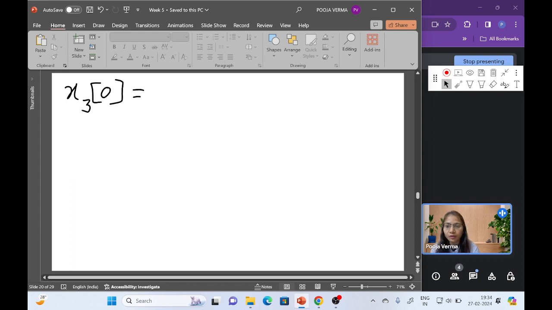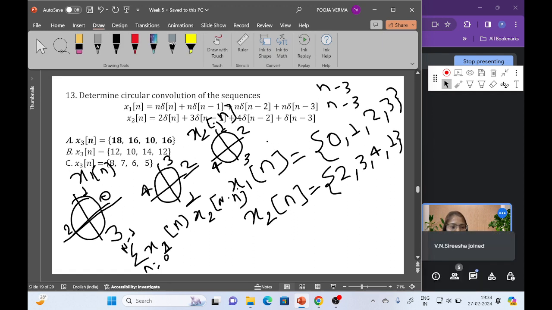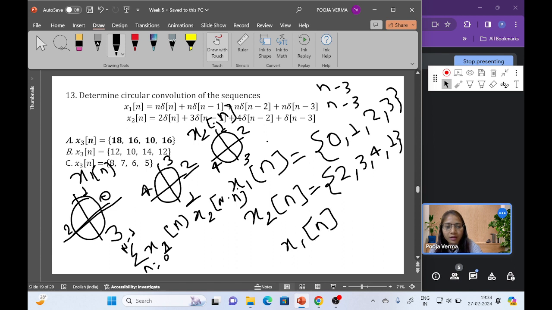For getting x3 at the 0 point, we need to take x1[n] and x2[-n] at n = 0, and just multiply x1[n] by x2[-n]. So the values: 0 multiplied by 2 is 0, plus 1 multiplied by 1 is 1, plus 2 multiplied by 4 is 8, plus 3 multiplied by 3 is 9.